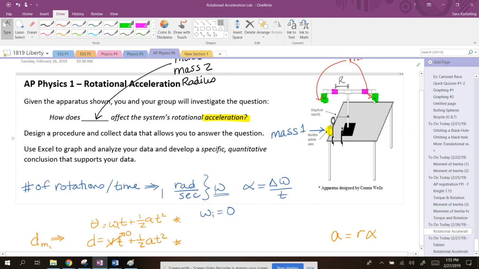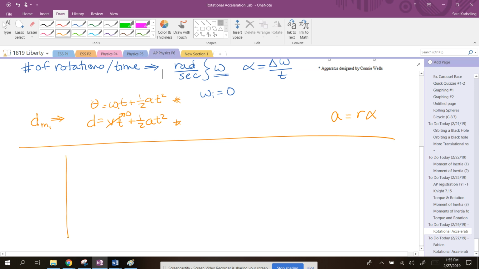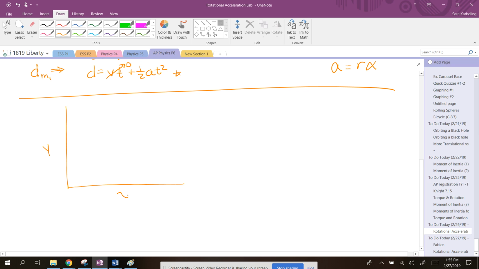I want you to struggle with it, and I want you to get it. You need to tell me what you're going to graph on your y-axis and on your x-axis to get a straight line, and then you need to be able to tell me what the slope is. What the slope represents. Okay?